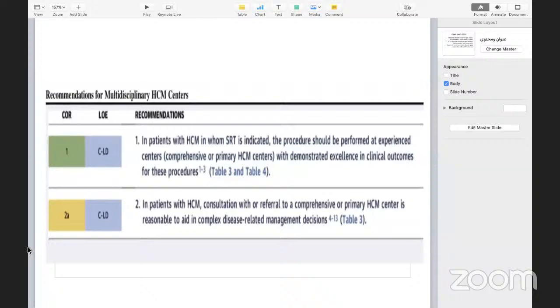So you refer the patient for a comprehensive discussion. You don't just discuss them with a small team, for example. So I believe in the multidisciplinary team, actually.